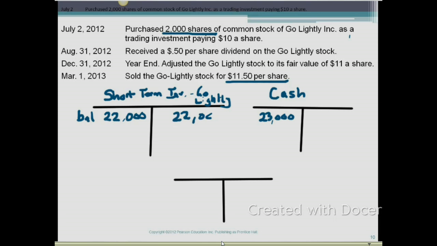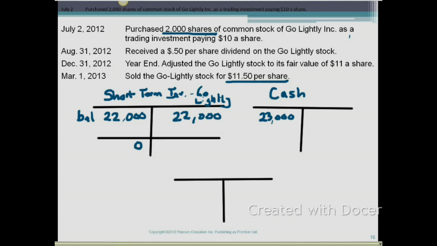So we credit $22,000. Now the balance on our short-term investment account is zero. We're still not done because all our debits are not equal to our credits. The third account involved when we sell an investment is the gain, the realized gain or loss.